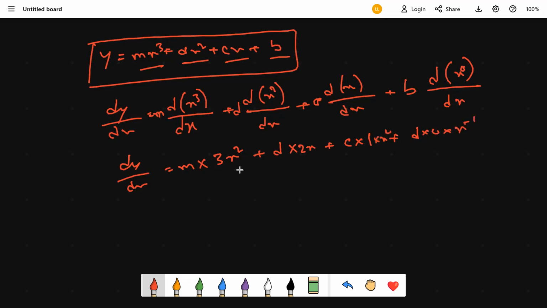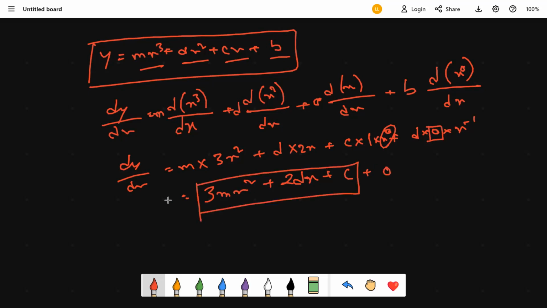Since x to the power 0 equals 1, we just write c, and we know 0 times anything is 0, so we can simply write this part only, which is our differentiated value.